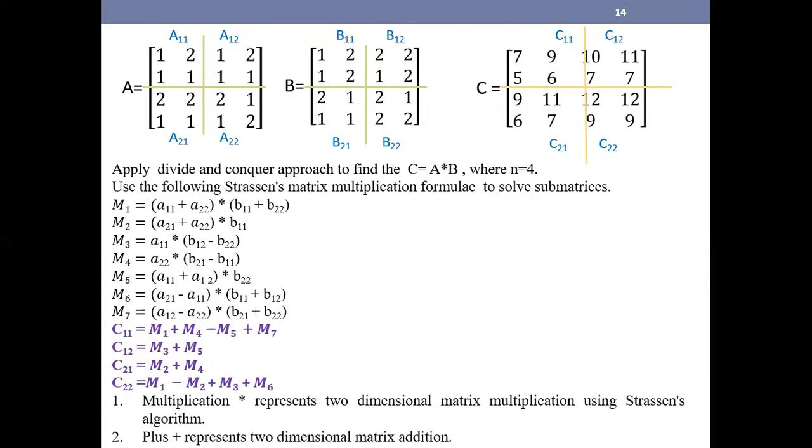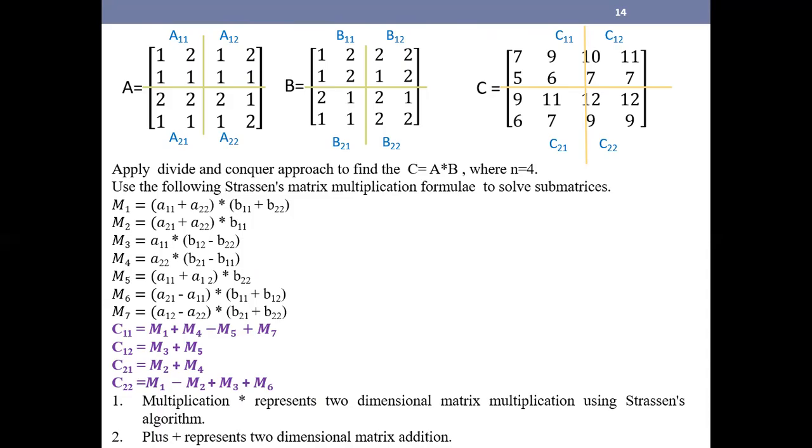Here the matrix A is divided into 4 submatrices, and B is divided into 4 submatrices. So how can we do it? Apply the same formula, Strassen's multiplications M1 to M7, and apply these M values in the C formula to find the matrix.